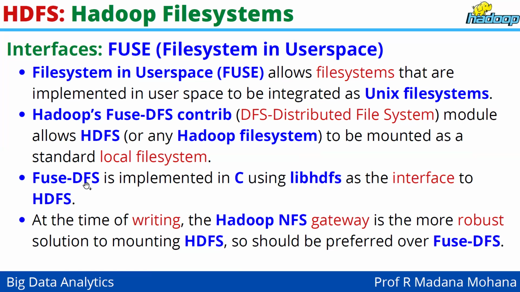Fuse-DFS is again implemented in C using libhdfs as the interface to HDFS. At the time of writing, the Hadoop NFS gateway is the more robust solution to mounting HDFS, so should be preferred over Fuse-DFS.